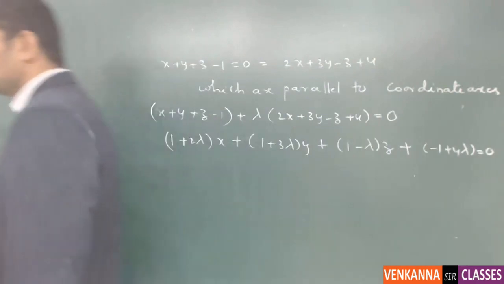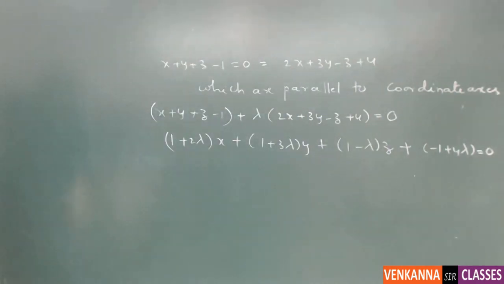This is our new plane. Now we are assuming that this plane is parallel to the coordinate axis. So here we are obtaining three plane equations. If you assume that the above plane is parallel to x-axis, you will get one type of lambda. You assume that the plane is parallel to y-axis, you will get another lambda. Like that, we are going to determine three lambda values here.